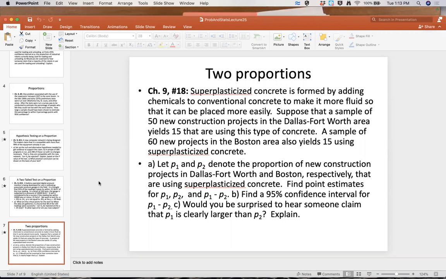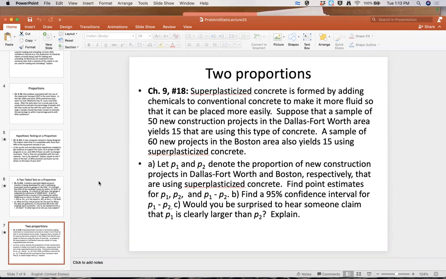Suppose a sample of 50 new construction projects in Dallas-Fort Worth yields 15 that are using this new type of concrete, and 60 in Boston also yields 15. Let P1 and P2 denote two proportions, one for Dallas-Fort Worth and one for Boston, for all construction in both cities that use this kind of concrete.